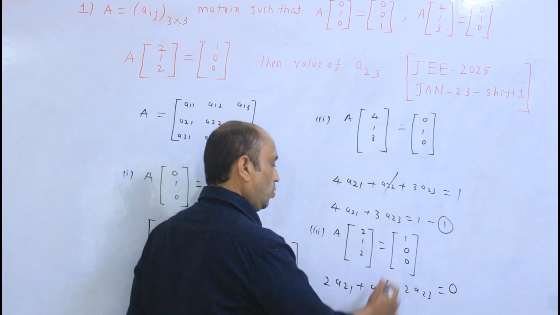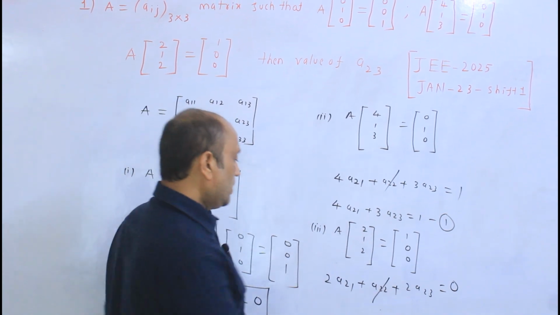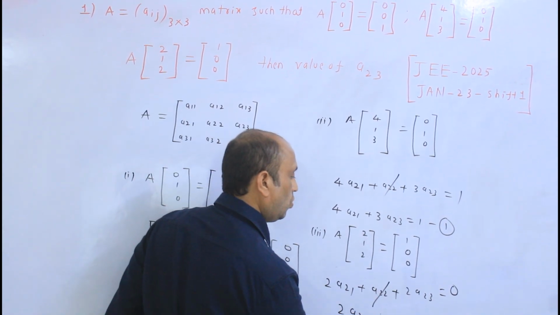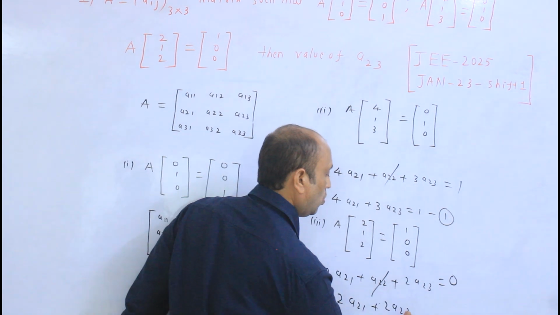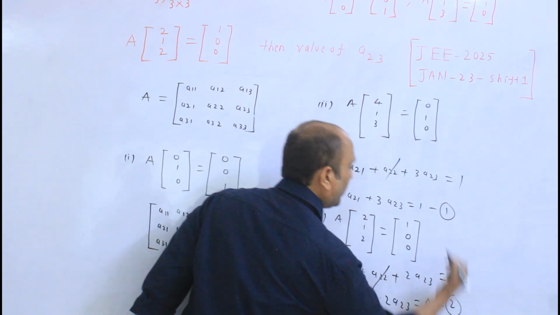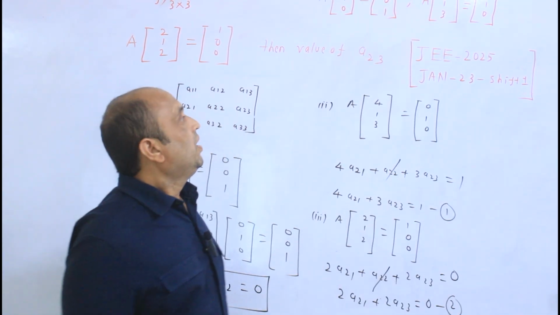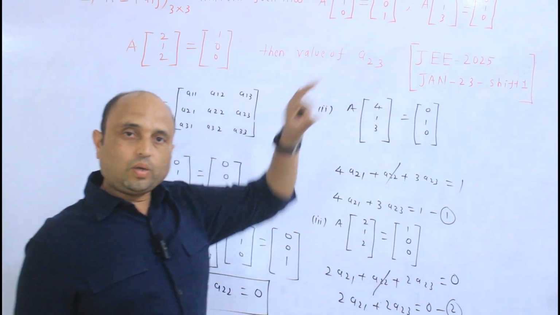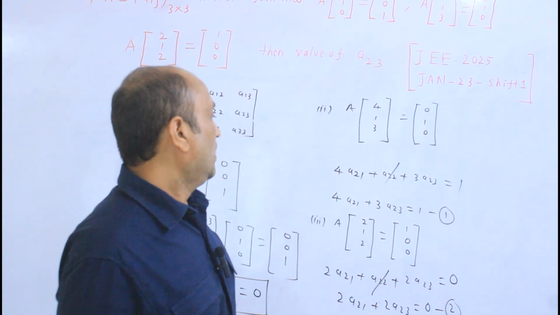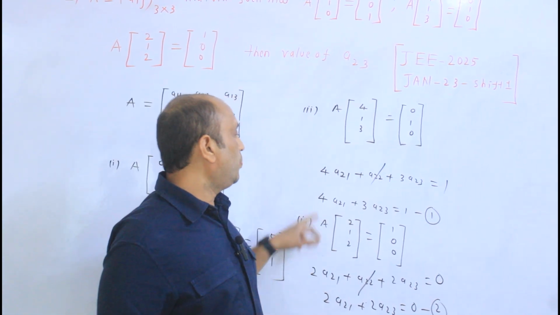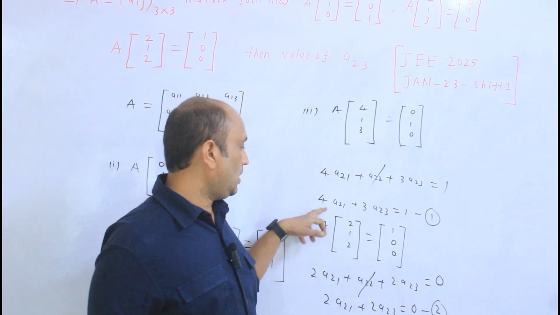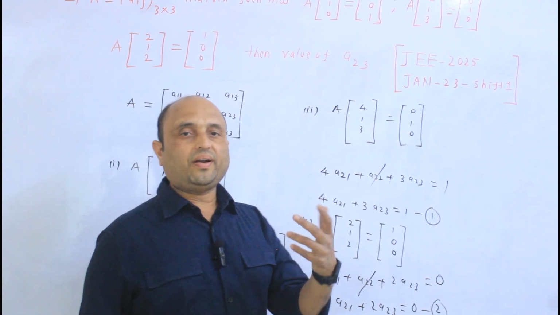Again, we know A22 equal to 0. So 2A21 plus 2A23 equal to 0. This is the second equation. Here we want to find A23, so just solve 1 and 2, cancel the A21, then find A23.